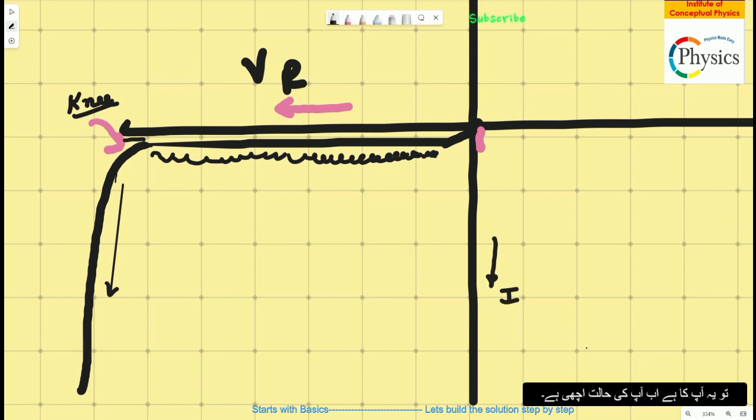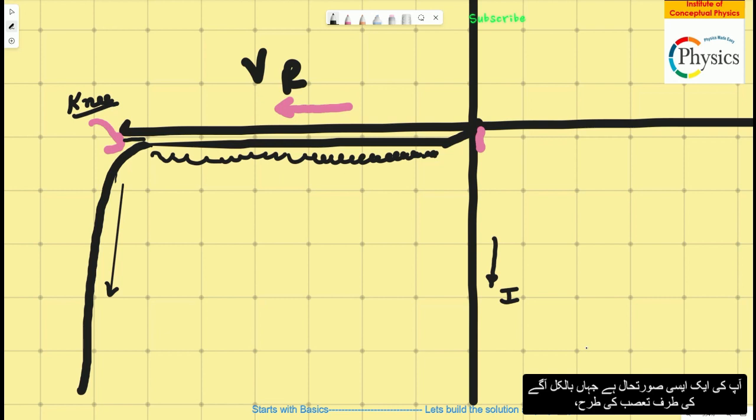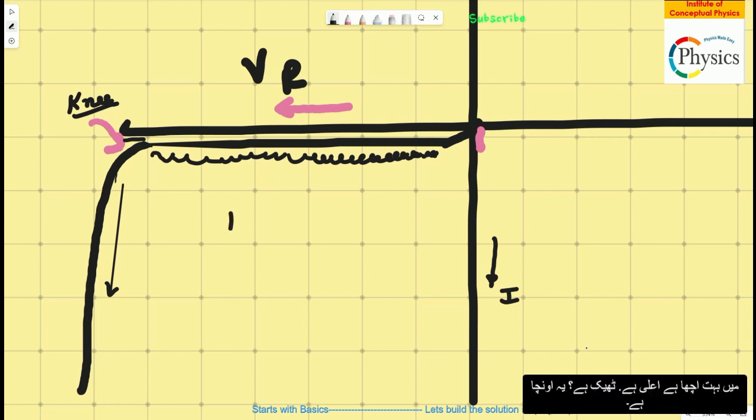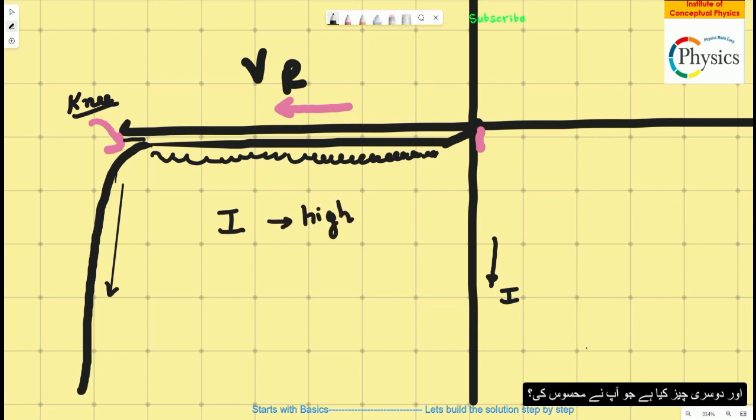So now you have a good situation. You have a situation just like a forward bias where the current is high. So the current is high. Now the I is pretty good, it's high. Okay, it's high. And what is the other thing you notice?